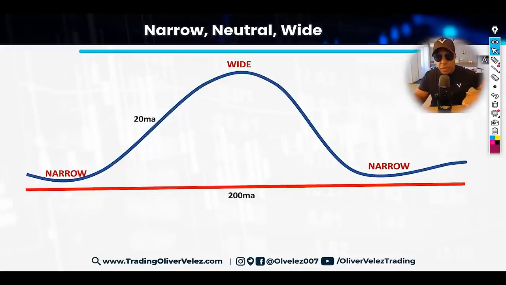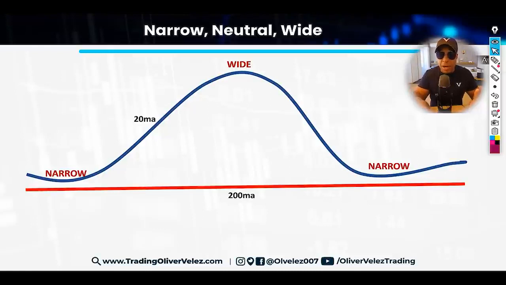Narrow when the 20 and the 200 preferably are both relatively flat and close together. Wide when they're far apart, and anywhere in between that is neutral. That's all I want you to understand right now. These three states. Now, the narrow, neutral to wide, back to narrow can also happen down.